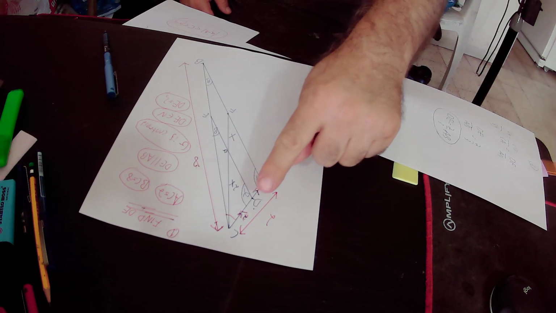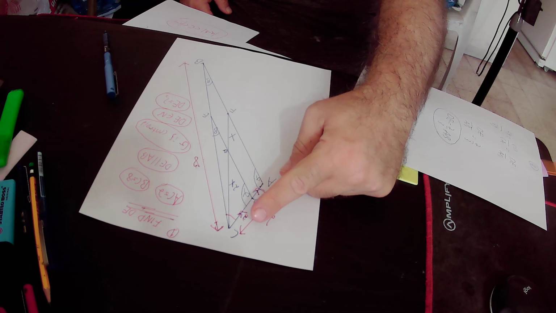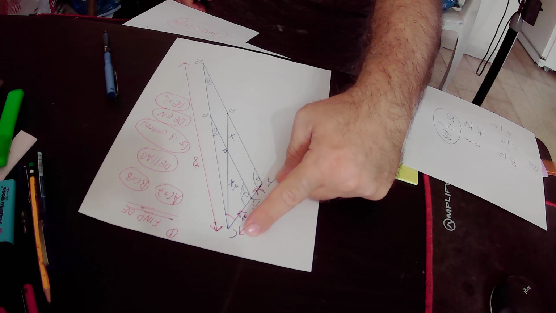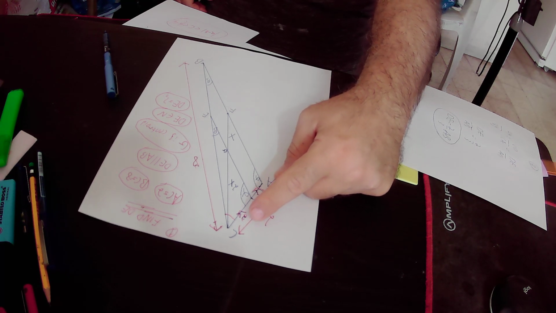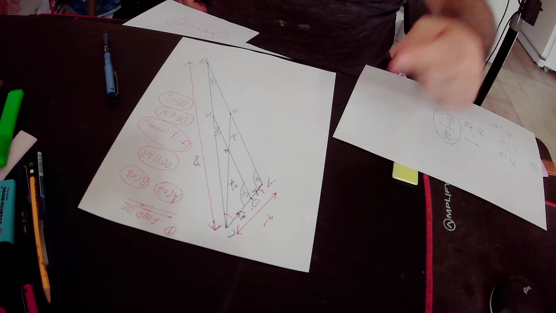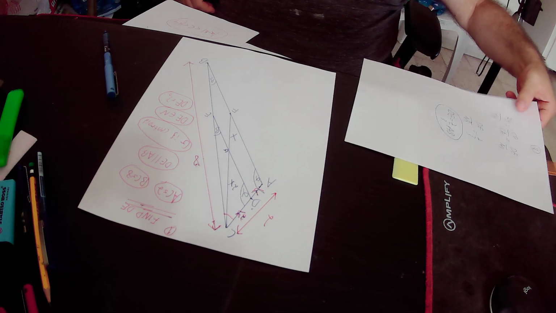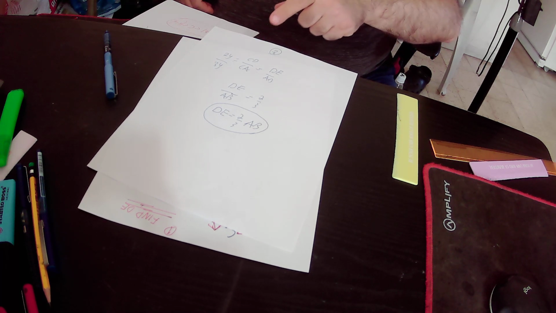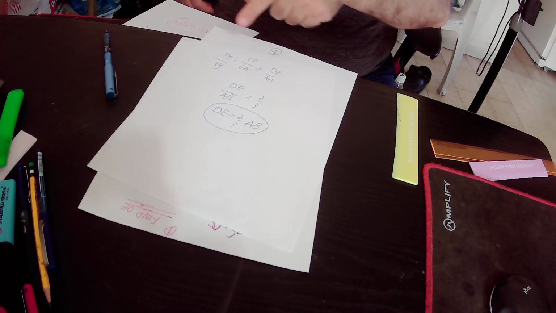The value of CA is CD plus DA. So CA equals 2y plus y, that is to say 3y. So CD equals 2y and CA equals 3y.